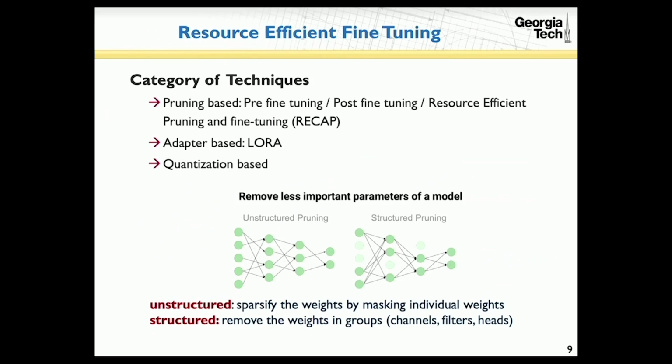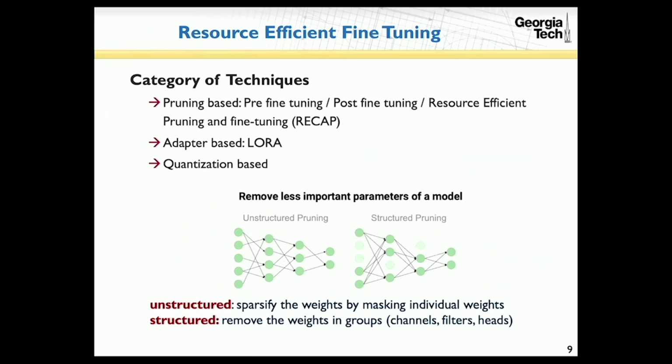The principle is basically to use less data, less memory for each parameter, or fewer parameters. In unstructured pruning, you sparsify the weights by masking certain individual weights that are low value. Or you use structured pruning, where you remove certain weights in groups, because they are less important, so you assign an importance score to them.